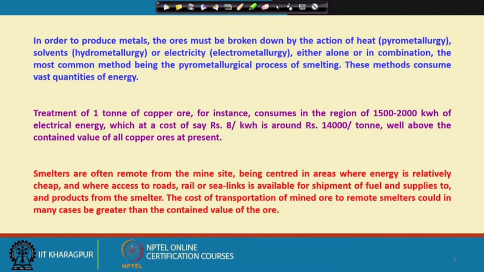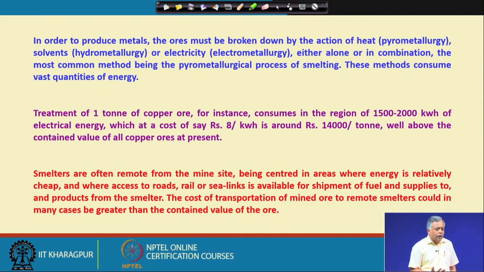We can concentrate this 1% of copper and increase the relative percentage of copper content of that ore by selectively separating the gangue materials. Then my energy cost may be reduced. I will discuss this at a later stage.